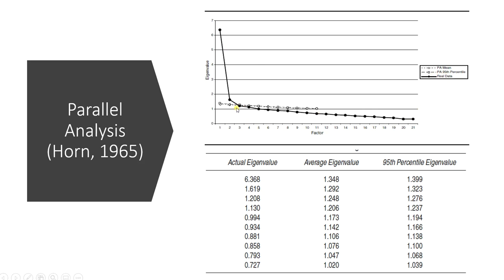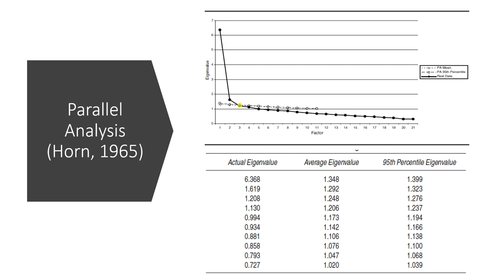So none of the eigenvalues less than 2 is higher than these two values. Basically, the first and second eigenvalues are lower than the actual eigenvalues. But when we come to the third, the third eigenvalue of the random data set, either based on mean or based on percentile, is higher than the actual.